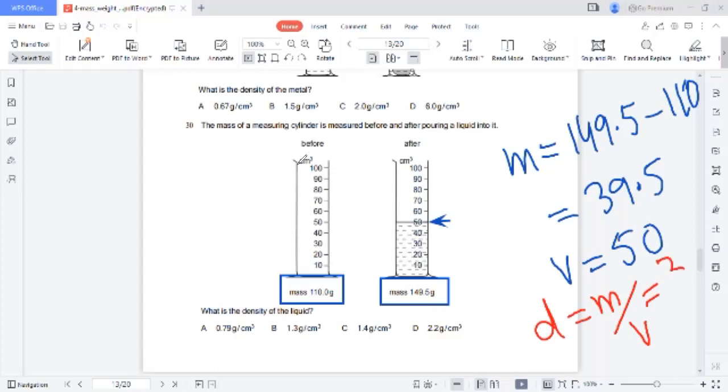Mass is 39.5 and volume is 50. So it is approximately 0.8. Oh, yes, not 0.8, but it is 0.79. That is the correct option. You can use a calculator to find out the correct option.